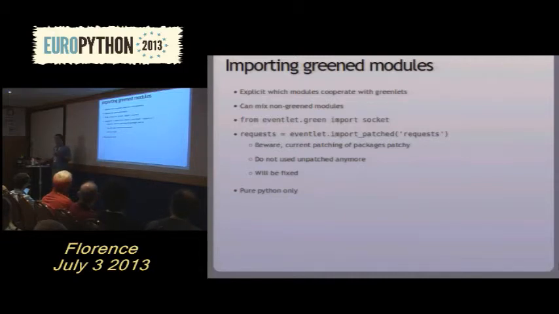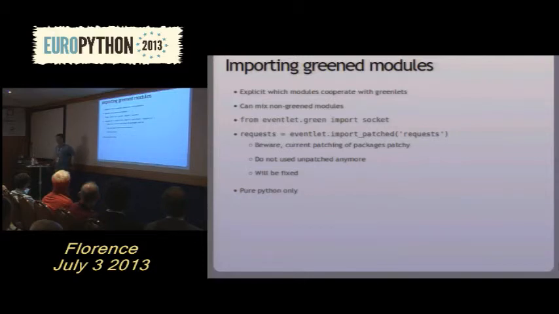Another thing to currently look out for is when you do import_patched on a package, like the example here, requests is a package. That works fine. You can import requests like that, and you'll be able to use it in a concurrent way in a greenlet world. Unfortunately, if you then try to import it again as a normal, non-green version as well, the current implementation of the patcher in Eventlet doesn't actually work and will subtly break.